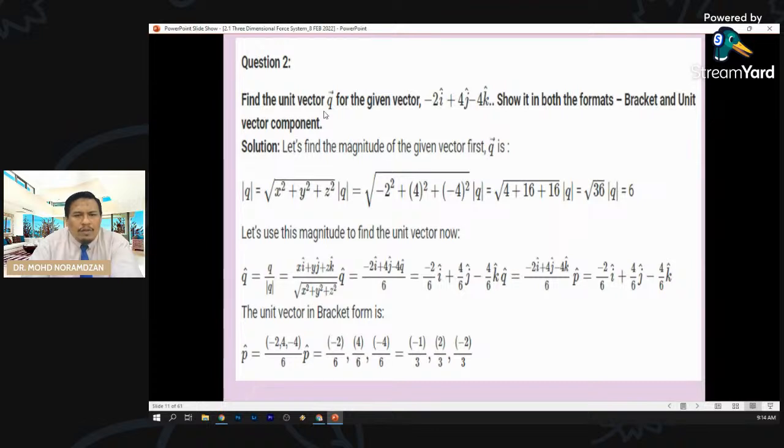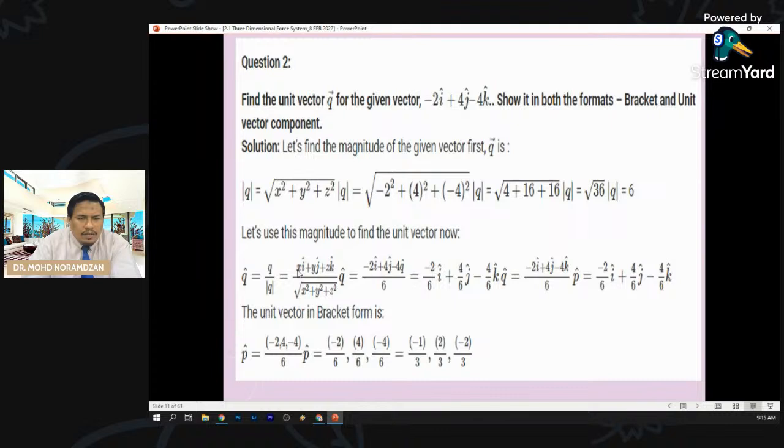So how do we find the unit vector? We must divide each axis component by the magnitude of the vector. So q divided by the magnitude of q.